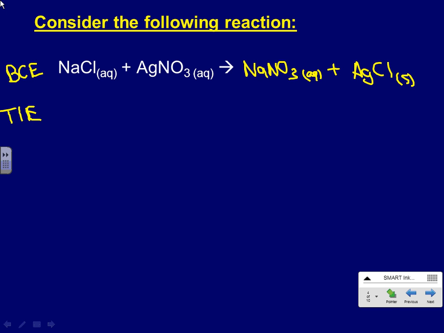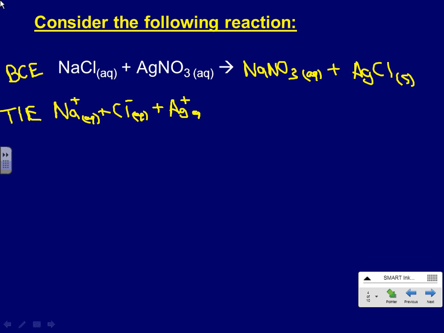So I look at the sodium chloride and I do exactly what I did on the last slide. I know that it is Na plus aqueous and a Cl minus aqueous. So I simply separate it into its ions. And I'll do the same with the silver nitrate because it's also aqueous.